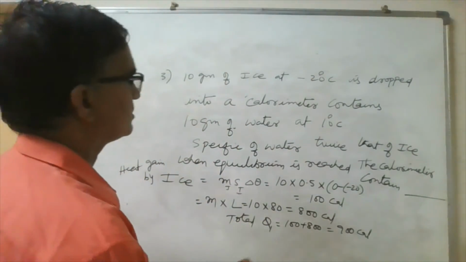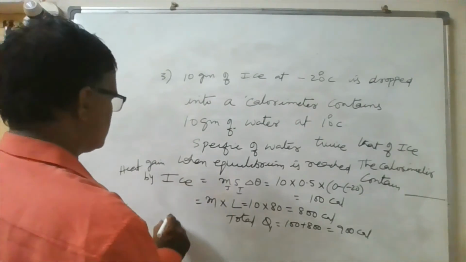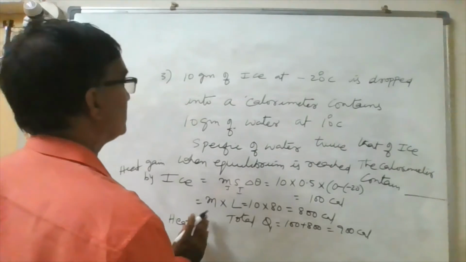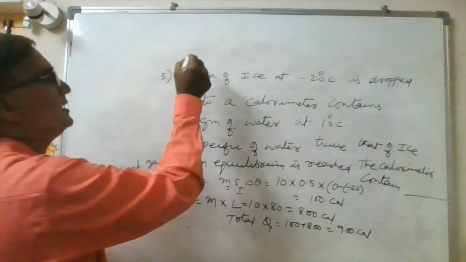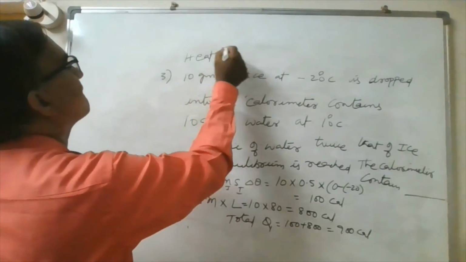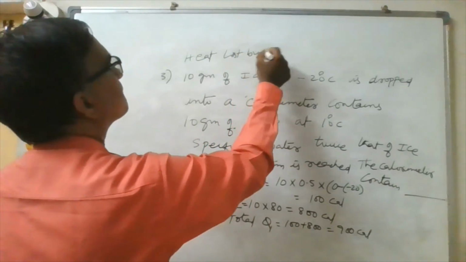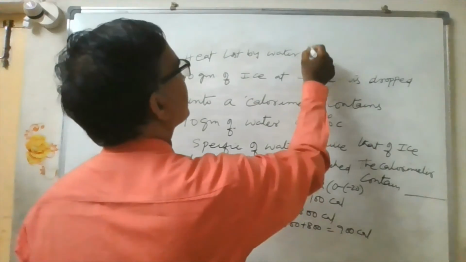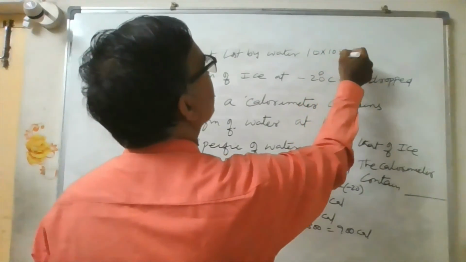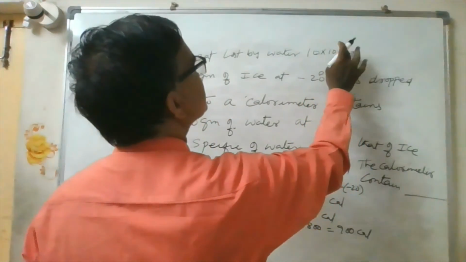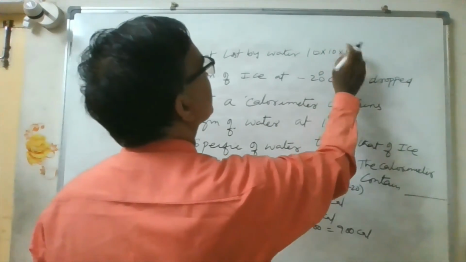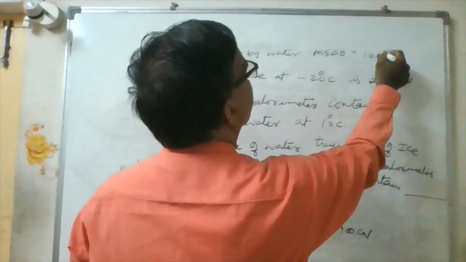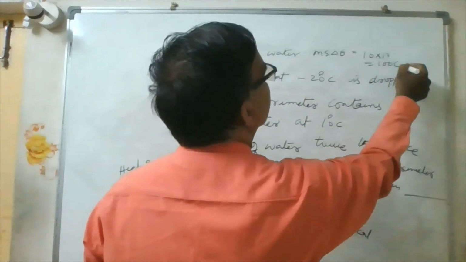Now, heat lost by water. I'll write here, heat lost by water is m s delta theta, with the specific heat of water 1. That is 10 into 10, which is 100 calories.